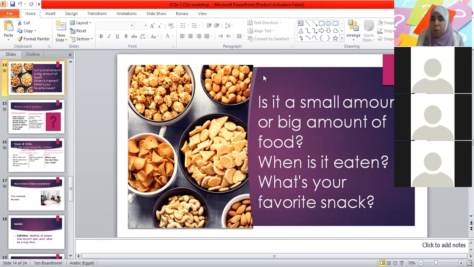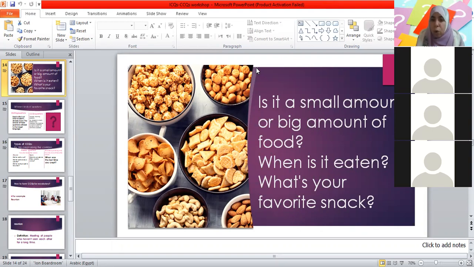Again, I'm asking about the question, is it a small amount or big amount? It's all about the snack. So this kind of question is a concept checking question. But I'm asking, is it display or referential? Display, yes. Alia and Rauda, thank you. That's right. So it's a display question.